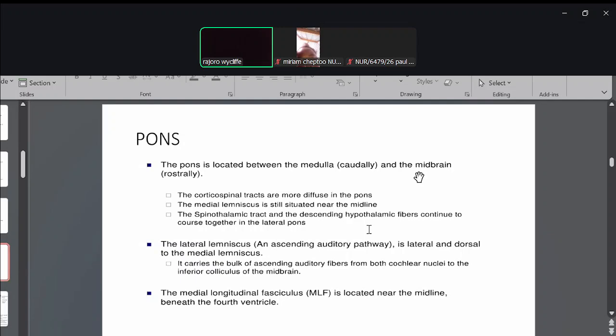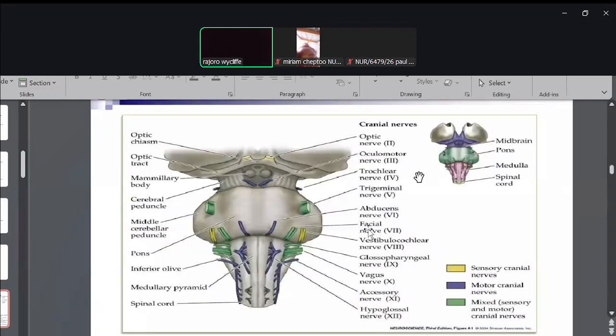Now, from this diagram, you are able to see what we are talking about, the pons. Are you able to see these structures here? Yes. Class, are you able to see these structures arising from the medulla oblongata? Yes. These are the nerves, what you call the cranial nerves.